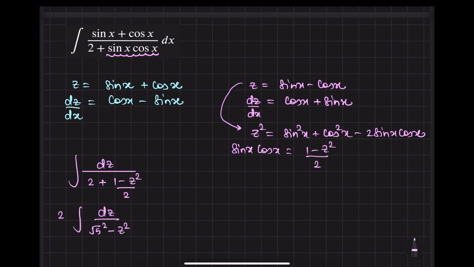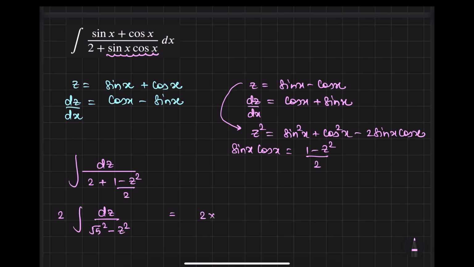Okay, so we have to apply the formula. You know that if it is without root, you will be having 1 by a or 1 by 2a. It will be 1 by a if you are comfortable. If you are not comfortable, you will be using 1 by 2a. So do you think you are comfortable in this case? No, we are comfortable with a square plus x square, but this is a square minus x square, so we are not comfortable.